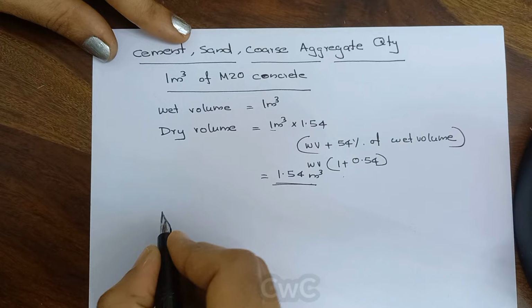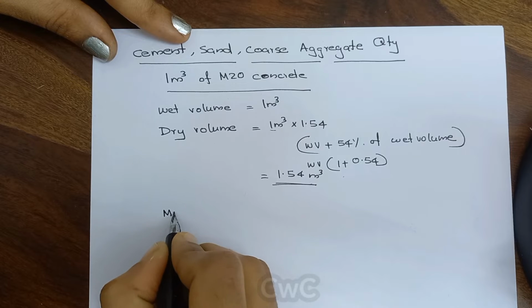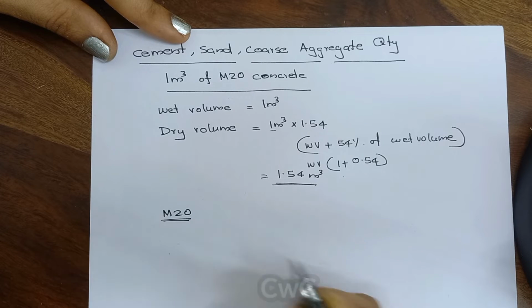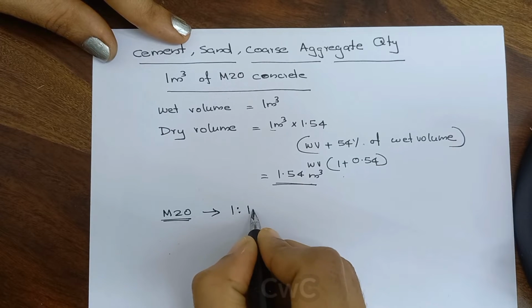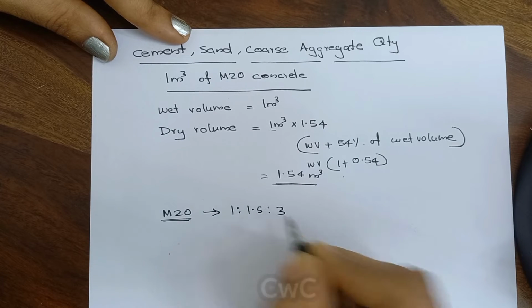Now our next input is the grade of concrete, that is M20. Its mixed proportion is 1:1.5:3.